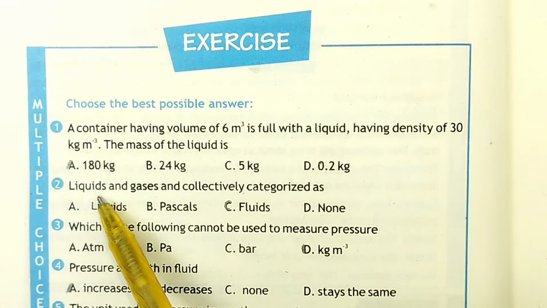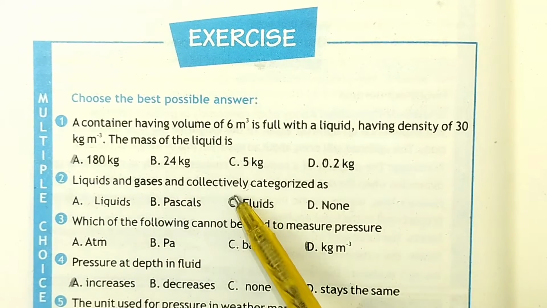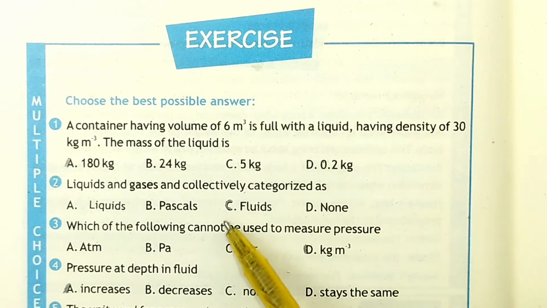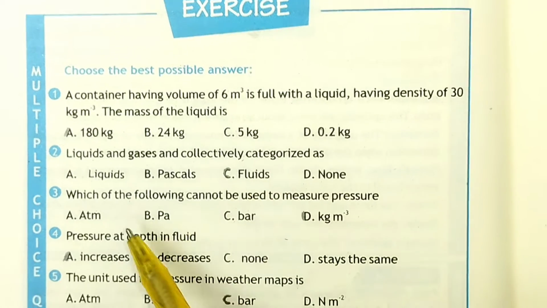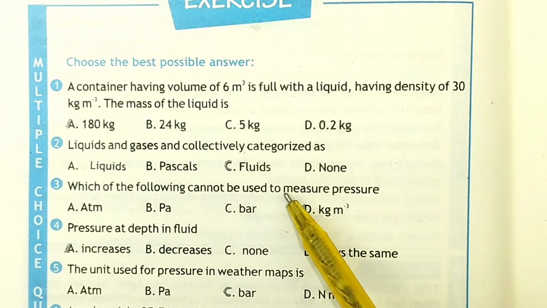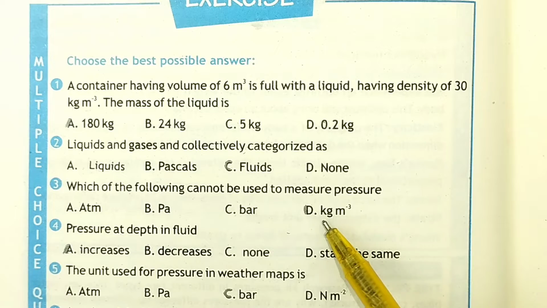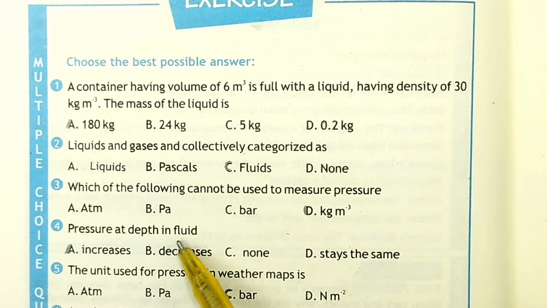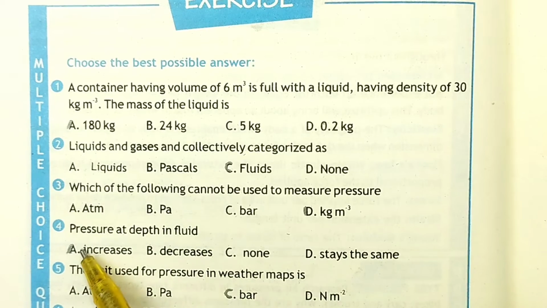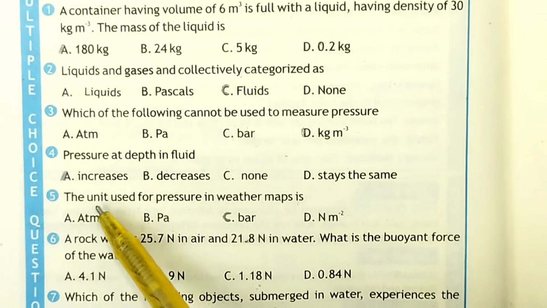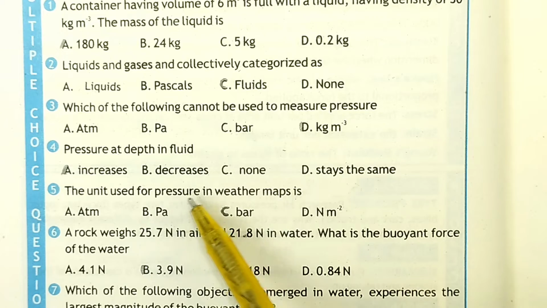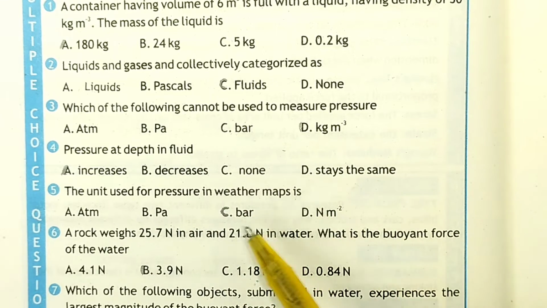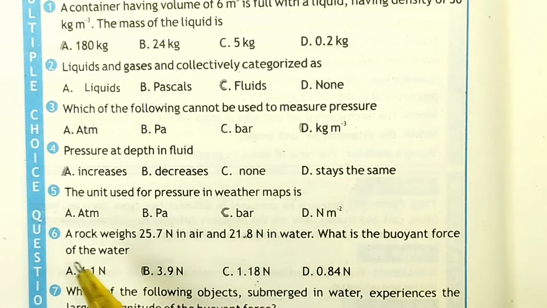The liquid and gases have collectively been categorized as option C, fluid. Which of the following cannot be used to measure pressure? Kilogram per meter cube. Pressure at depth in fluid, option A, increases. The unit used for pressure in weather map is option C, bar.